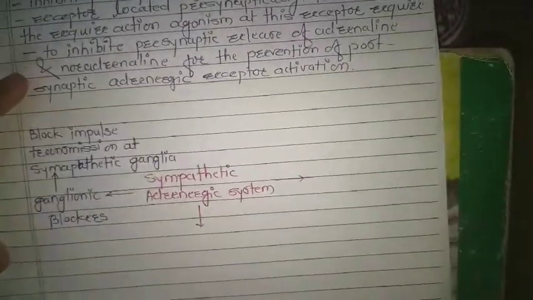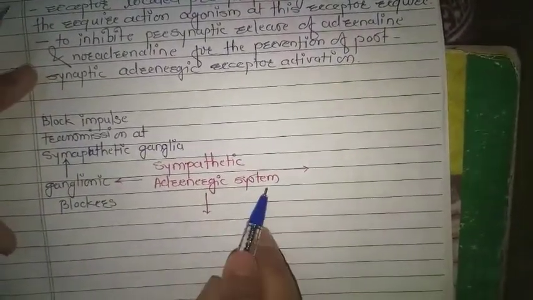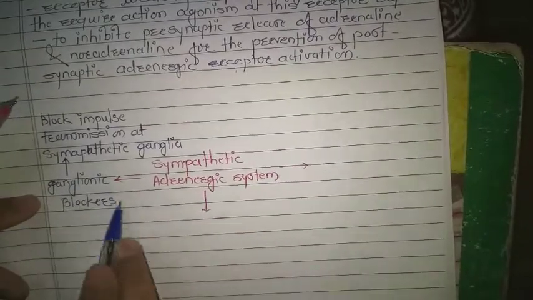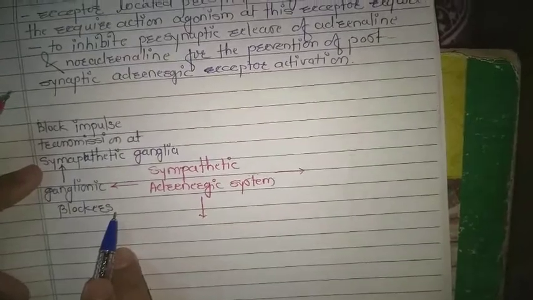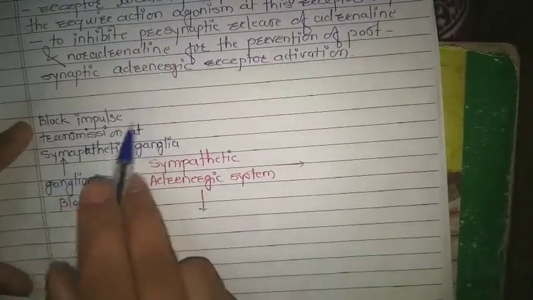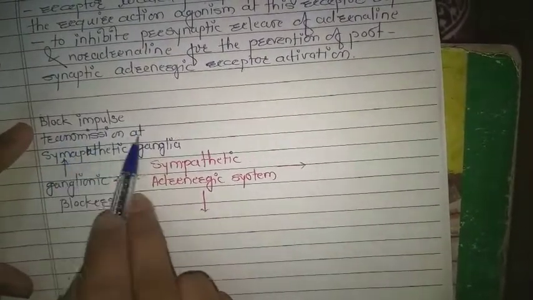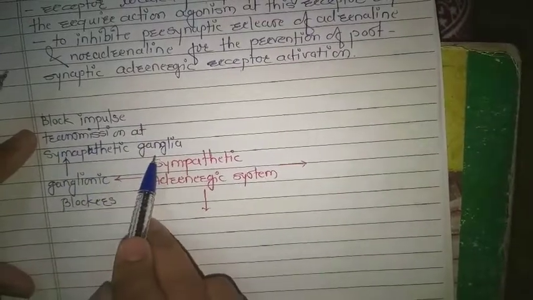When the sympathetic adrenergic system acts on ganglionic blockers, it blocks the impulse transmission at the sympathetic ganglion. Okay.